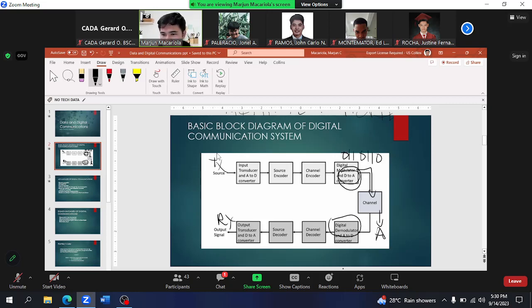So this is called the error correcting bits, and this one is called the channel code. Okay? Ano tayo? Digital demodulator.